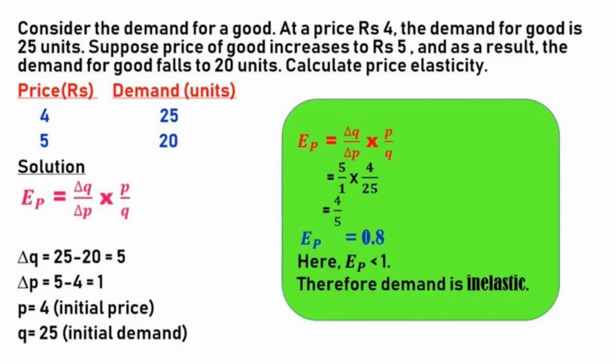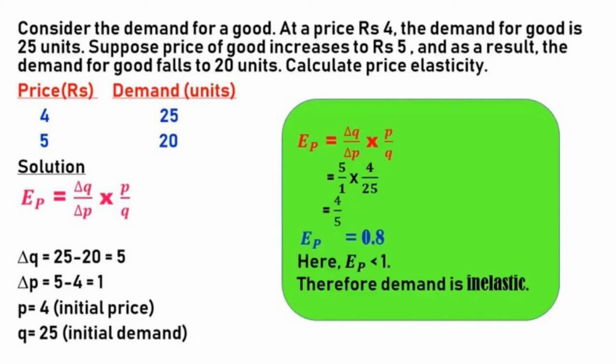The value you got in your quantity change, 25 minus 20, is 5. You have to write that change there. Then the old price and the old quantity, you have to divide, and then multiply, according to the formula. Now, what is the value you are going to get? 4 divided by 25, when you multiply, so what is the answer you are going to get?